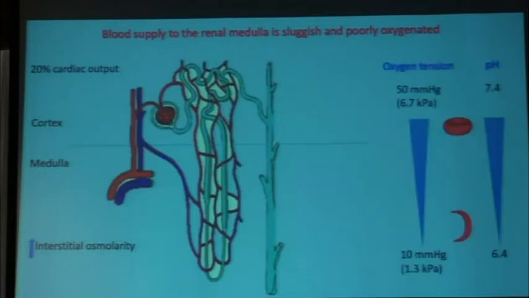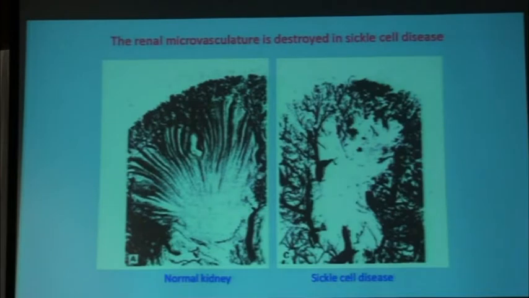And in the kidneys, the pH is also acidic, and there's hypoxia. All of these combine to be a very hostile environment for the sickle red cell, and therefore a high risk of further problems. So we really need to pay attention to the kidney because the kidney is a very important area.